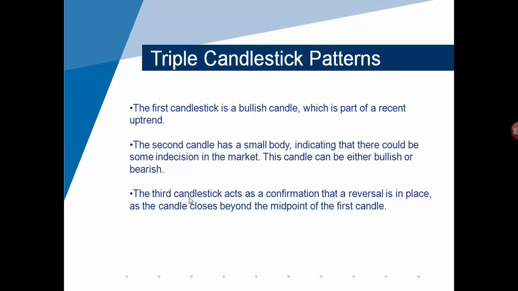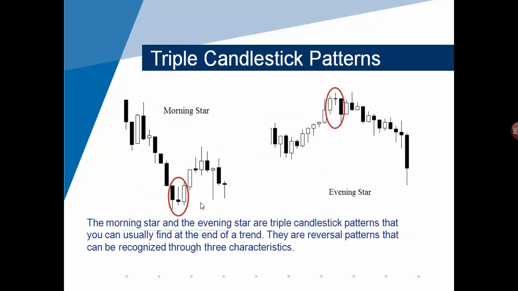So when we spoke about those indecision candles like the spinning tops, spinning bottoms, or the dojis, those are the candlesticks that we're looking for. The third candlestick acts as a confirmation that a reversal is in place as the candle closes above the midpoint of the first candle. So let's get back to this. When we're looking for a morning star pattern or an evening star pattern, this is basically what we're looking for.